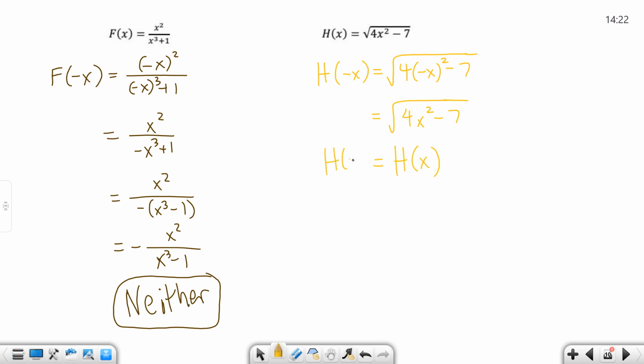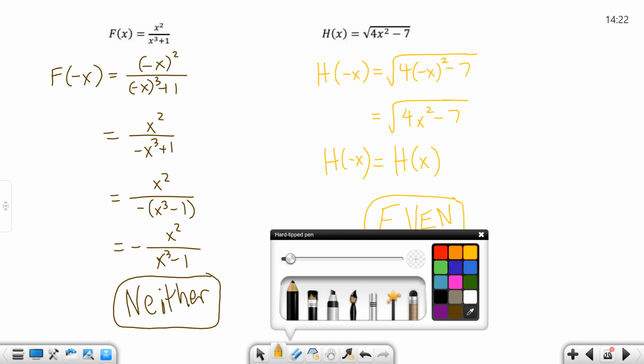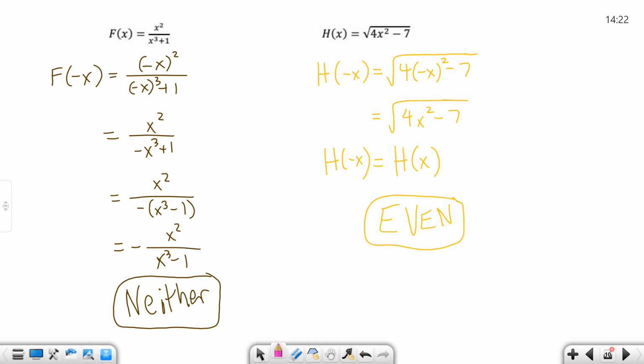And we bring this side down, capital H of negative x. So that means that thing is even. Right? You started with h of negative x, plug in negative x, simplify it, and you end up with h of x, the original function.